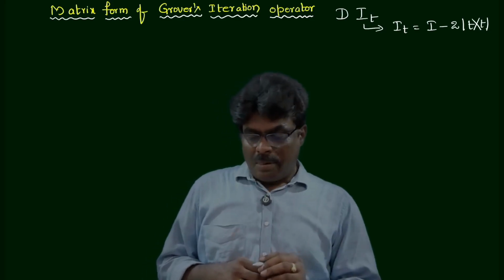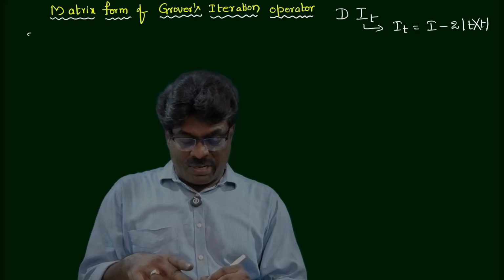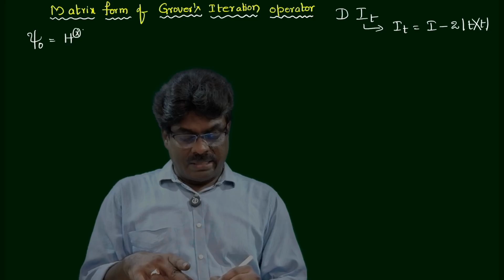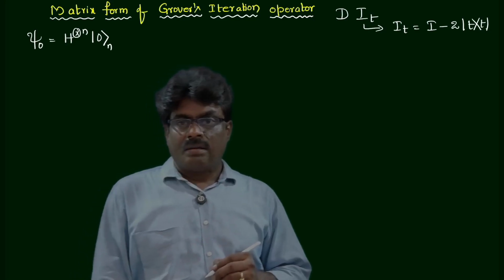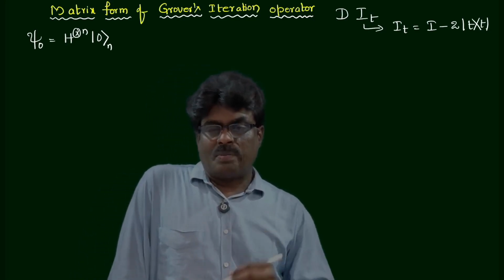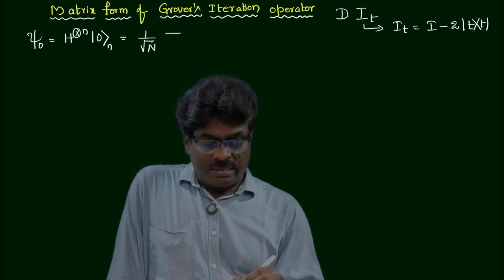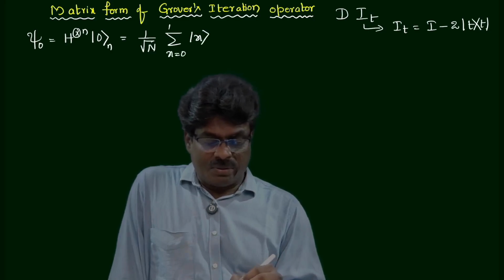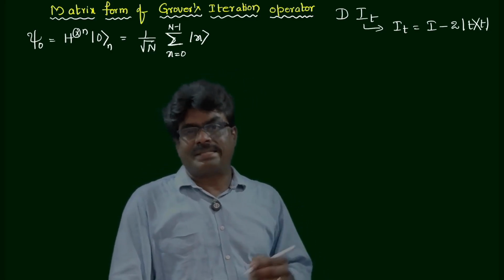So keep it aside. Now, in the beginning, we have created the superposition state. Let it be psi naught, the initial state. How did we create it? H tensor n operates on the 0 state. There are n qubits. So this is nothing but 1 over root n, summation over x, where x is equal to 0 to n minus 1. That means this is the superposition of all the states.